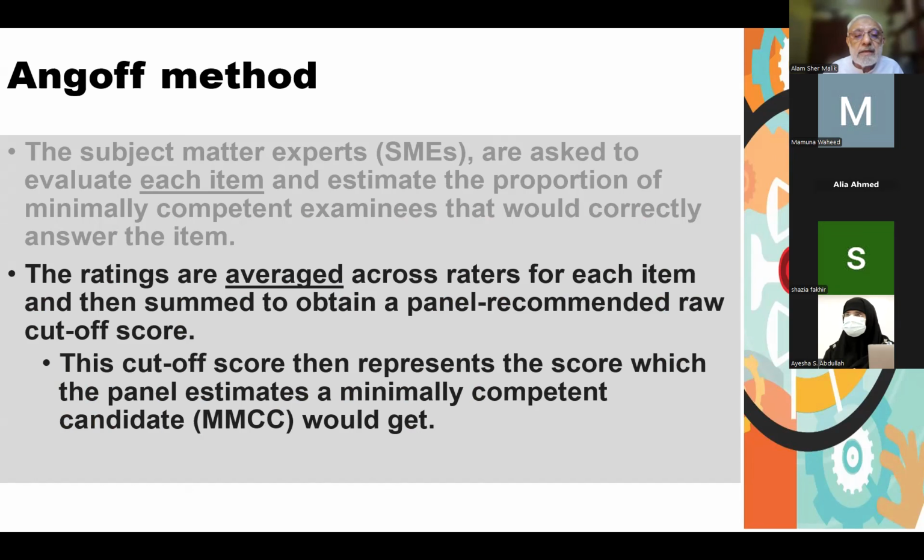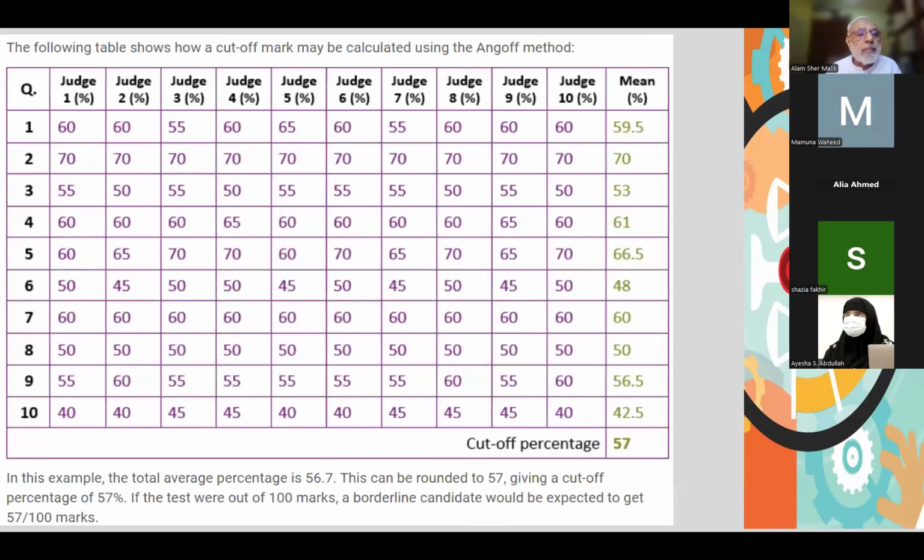I think the example would make it clear. Right, okay, these are 10 questions here, and let's say in this example, there are 10 judges. So this is question 1, and the first judge says that 60% of the candidates would be able to answer that question correctly. Similarly, second judge, third judge, and then we take an average of these 10.